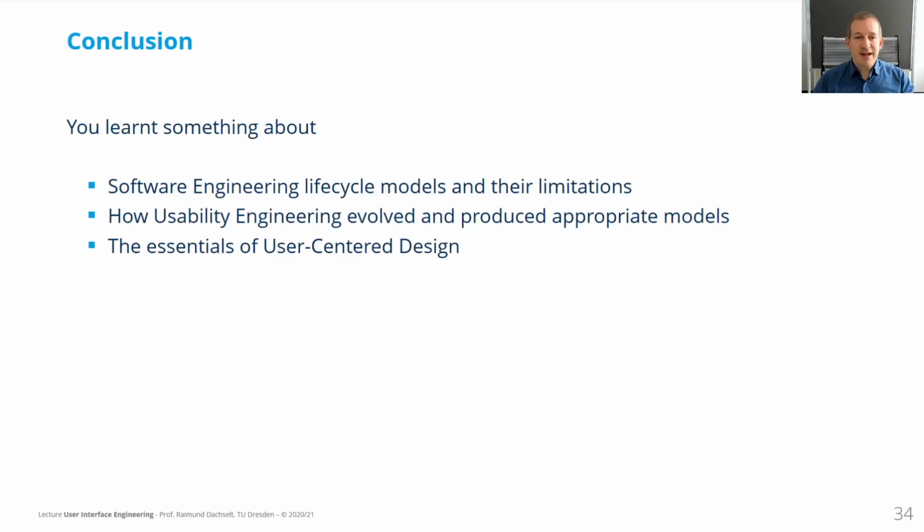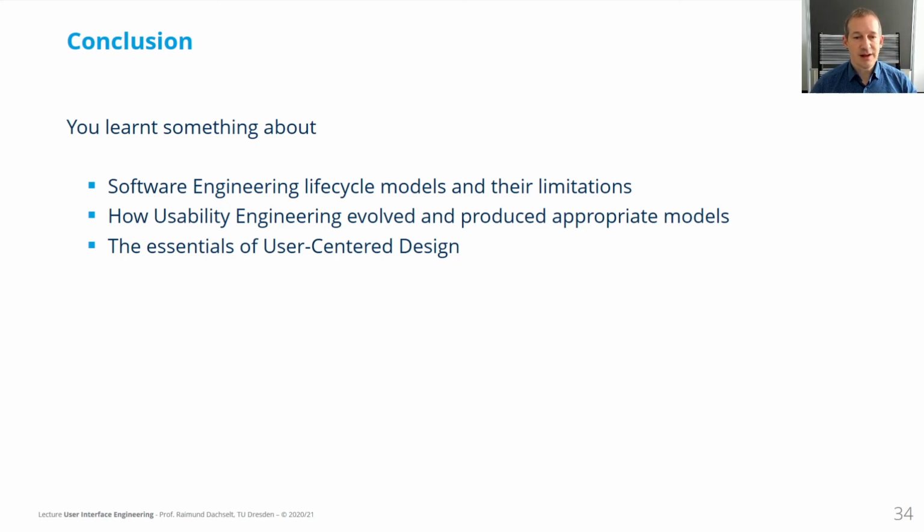So to conclude, in this lecture you learned something about software engineering lifecycle models and the development of software engineering, and that they are limited with regard to how to consider users. And we learned about how usability engineering evolved from different perspectives, and that it produced appropriate models like about cognition and models like activity theory, about how we behave and operate an interface in a social and in a work context.